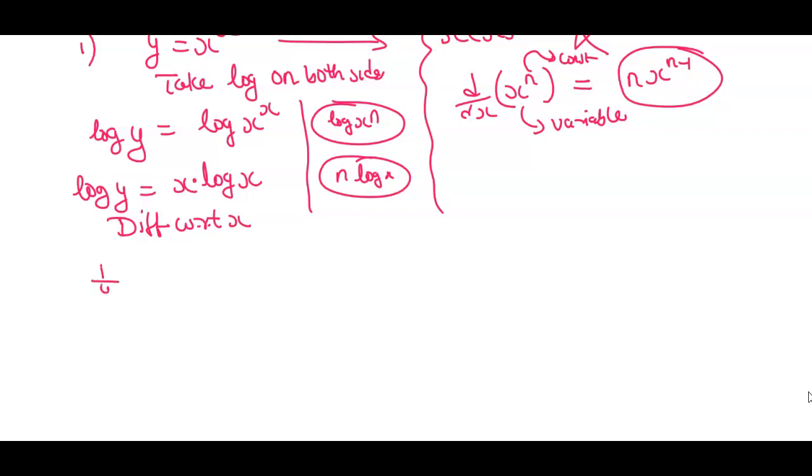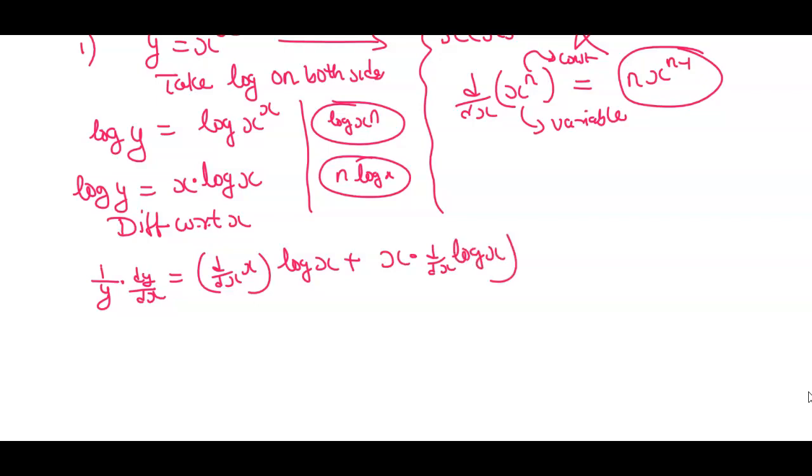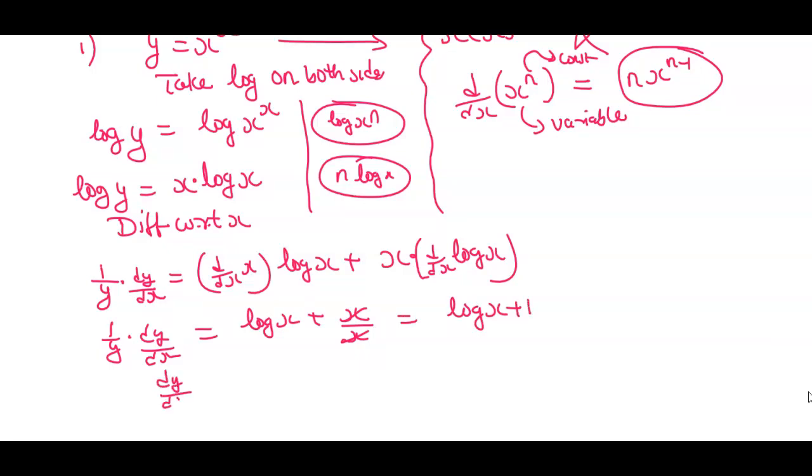Log y derivative is 1 by y dy by dx. Product rule: derivative of x log x, keep x log x as it is, then x as it is. So 1 by y dy by dx. Derivative of x is 1, so it is log x plus 1.